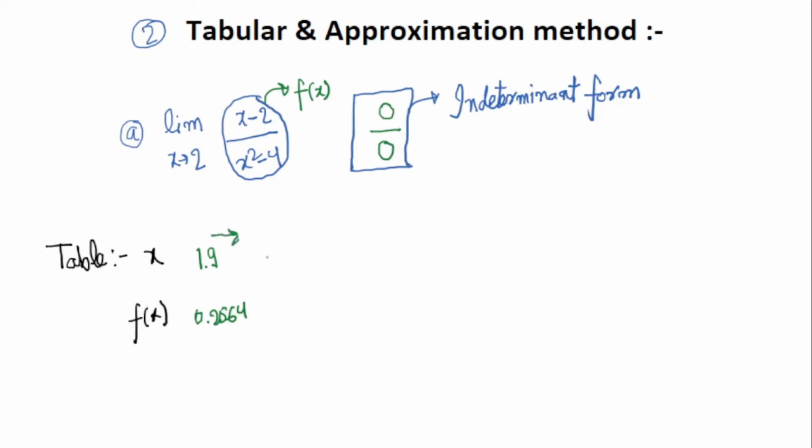So we are going to 1.99. If we put that value in the function as x is equal to 1.99, then the function's value we get is 2.506. And we want to go as near to 2 as we can.